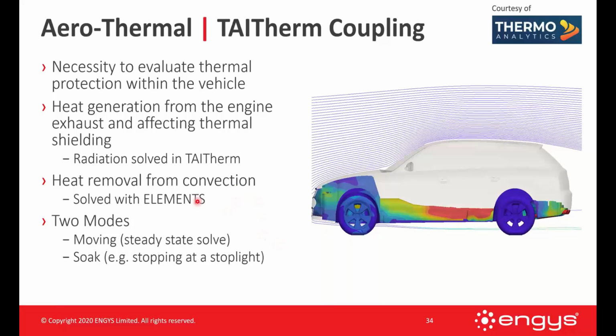So within this study, there were two different modes. There's a moving mode, so there's heat generation while the vehicle is driving, and then there's this soaking component. So soaking might be stopping at a stoplight. So you've been driving a lot, and then now you've pulled up to a stoplight and you're waiting.